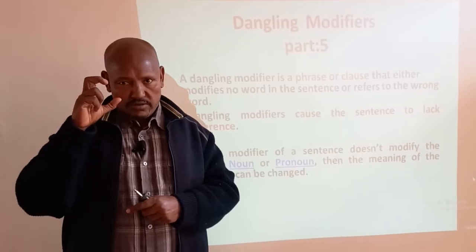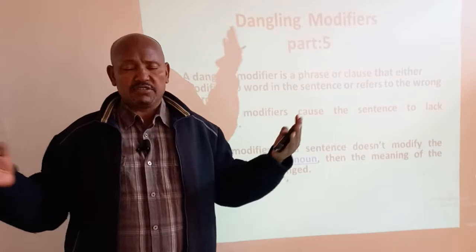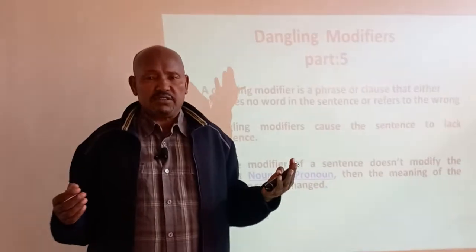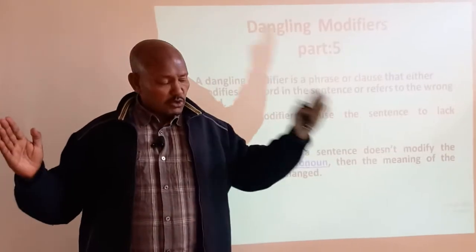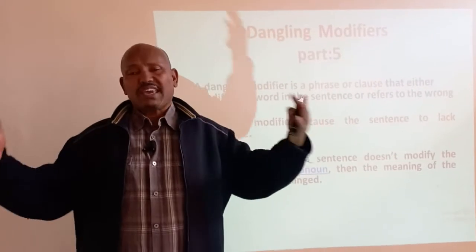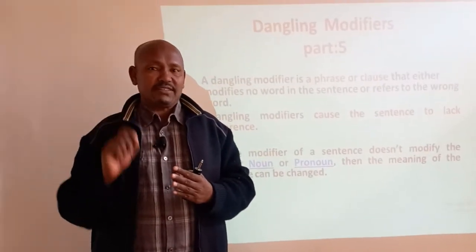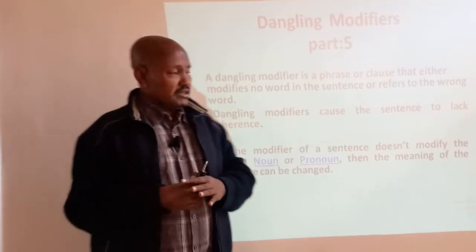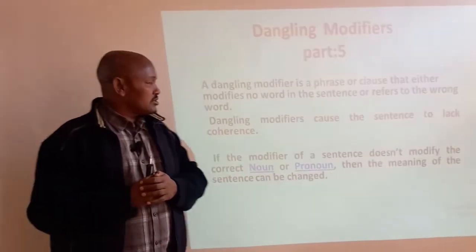Very key issue here. Sometimes it confuses us to write a meaningful sentence when there is a need to write two clauses in a sentence. So we have to take care of which clauses are dependent and which clauses are principal, and what kind of subject they commonly use. This is the first issue, to write correct and meaningful sentences. A dangling modifier causes the sentence to lack what?